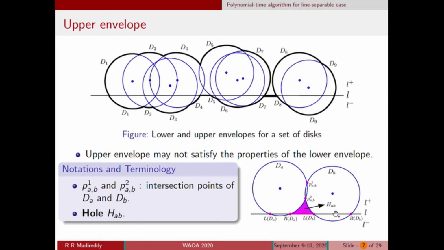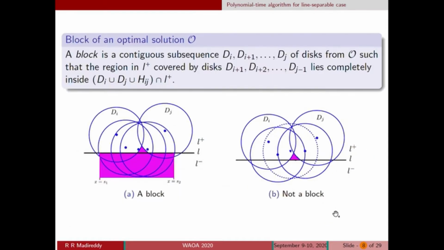Now the important term is a block. A block is a contiguous subsequence d(i+1) up to d(j) of disks from the optimal solution O such that the regions in L plus covered by these intermediate disks lie completely inside di union dj union the holes intersection L plus.